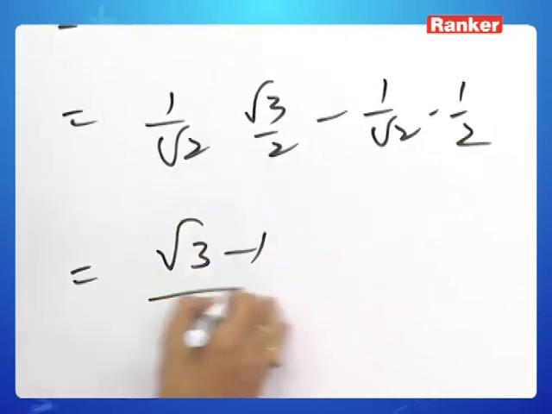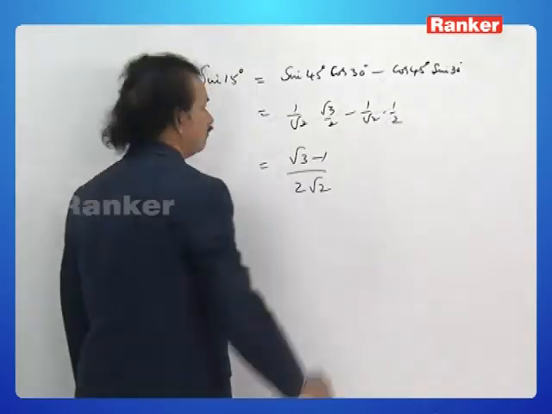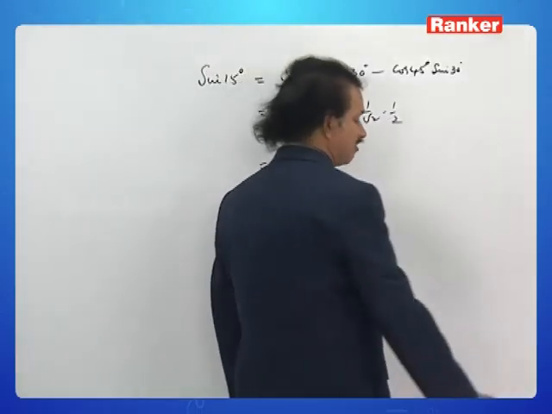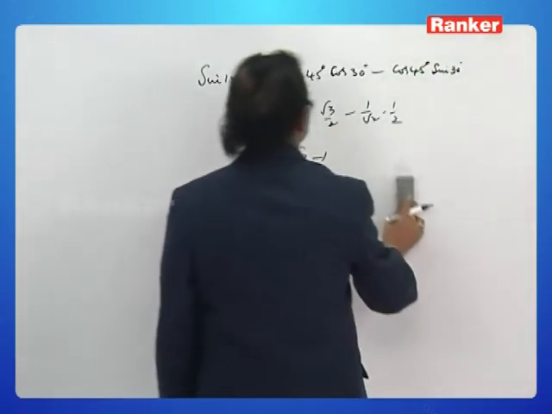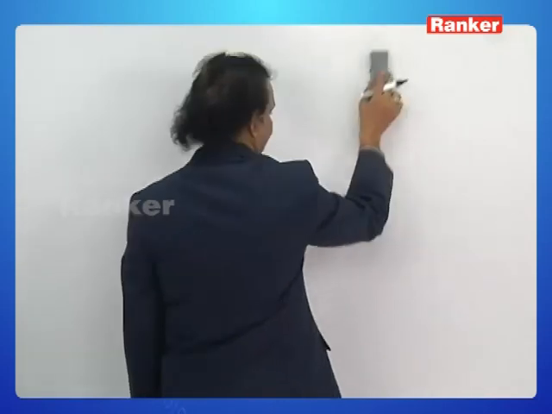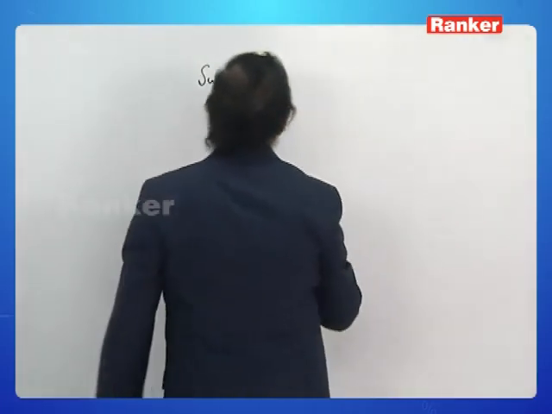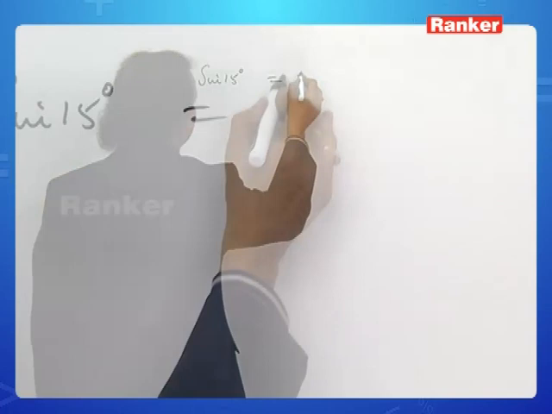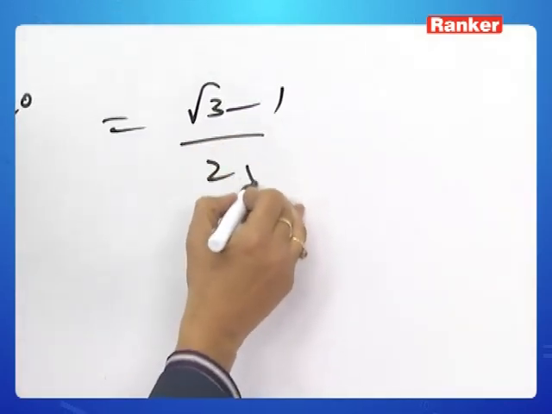Anybody can easily say that it is root 3 minus 1 by 2 root 2. It is a matter of a few seconds only for this derivation. This derivation is not enough actually. It is enough if you can remember the answer. Sine 15 is equal to root 3 minus 1 by 2 root 2.